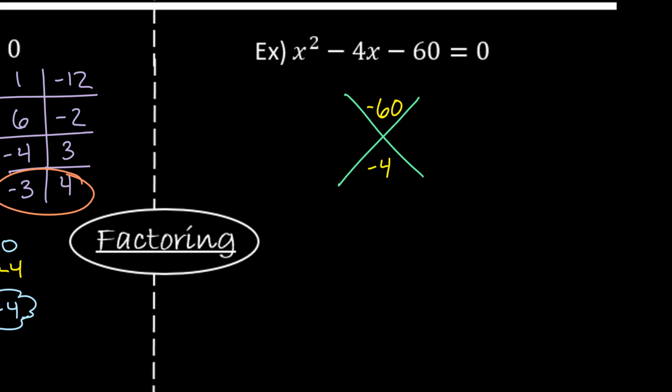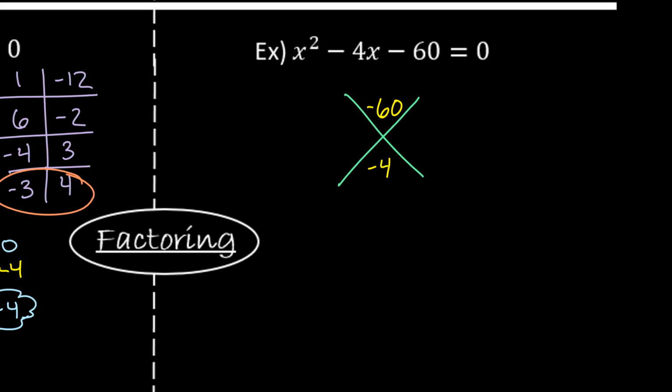Now, when you get to Algebra 2, your Algebra 2 teacher is not going to sit over here and draw out the factors, unfortunately. We kind of assume that you have a good understanding of factors, and they're just going to ask, okay, what multiplies to give you negative 60 and adds to give you negative 4? But just remember, if you have a hard time thinking of factors, you can always write them on the side like we did, okay?